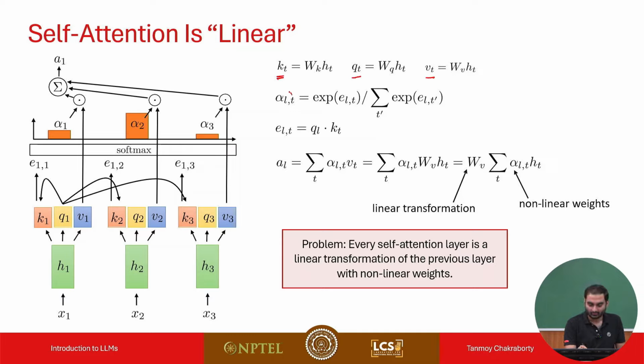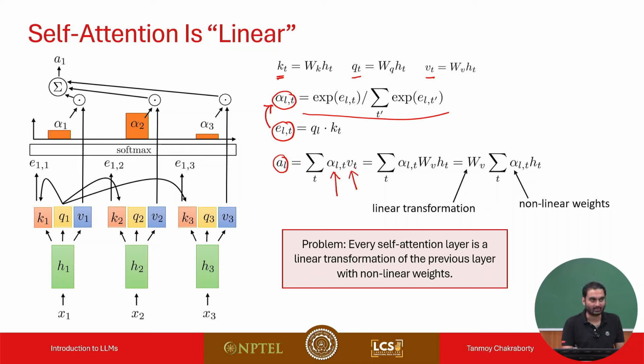Okay. And what is alpha LT? So ELT is the similarity dot product, and alpha LT is computed after this, which is the softmax output. Okay. And the attention vector is the probability, the weight, and the corresponding value.